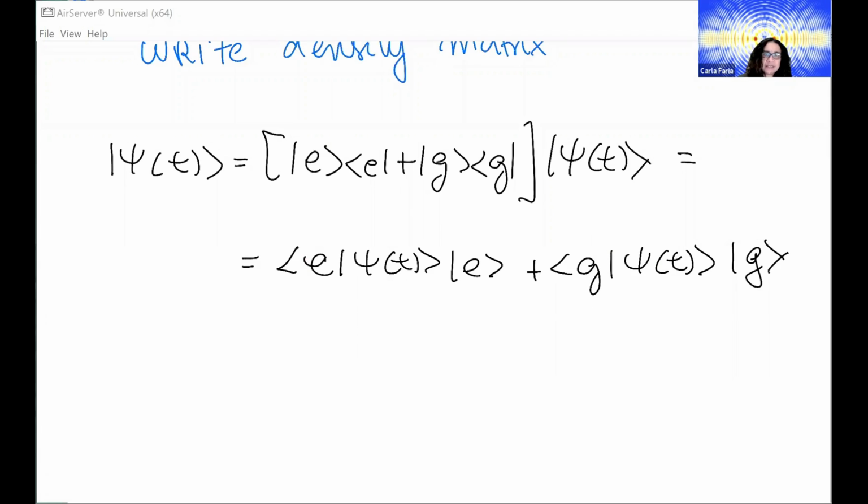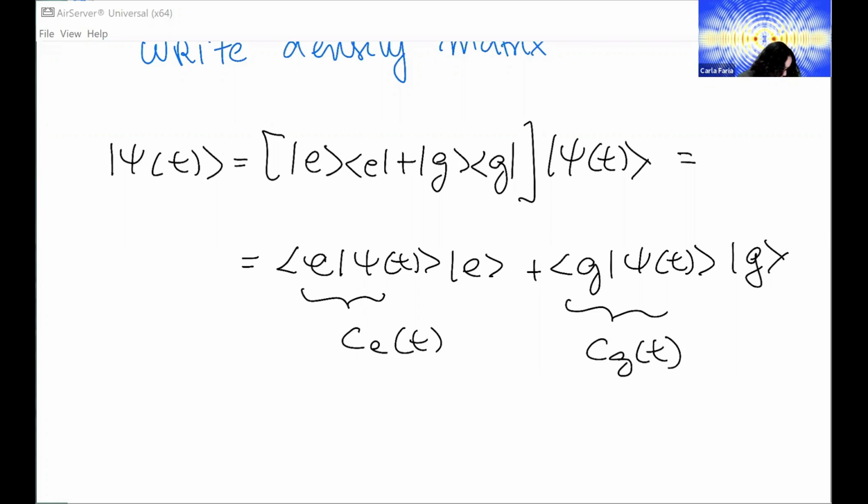Not going to go into detail, this is something that we have already seen, but let's call this c_e(t), let's call this c_g(t). We'll carry this along. And now what we will do is we're going to calculate this, which is our density operator in the compound system. It's pure, but it's not pure in the subsystems.